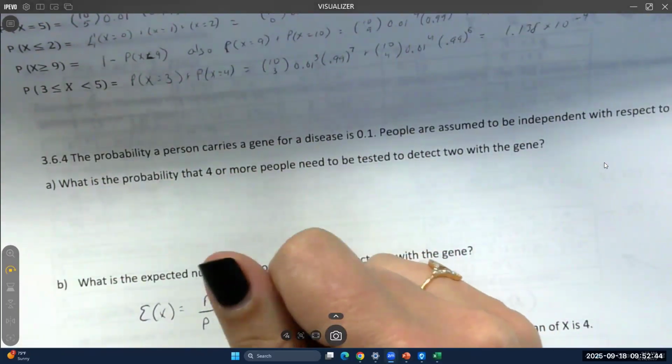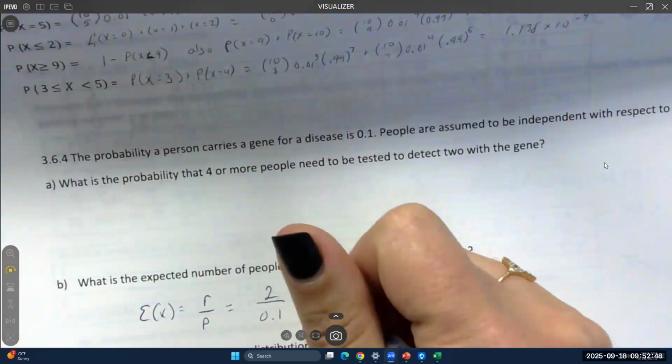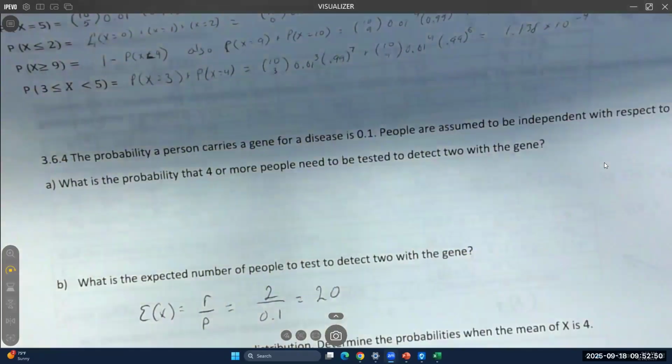My probability of success is 0.1. And so that is 20. Now this is kind of interesting, because this is saying that I need to test 20 people to get to 2 with a gene. Now I'm looking at what's the probability that 4 or more people need to be tested to get those 2.